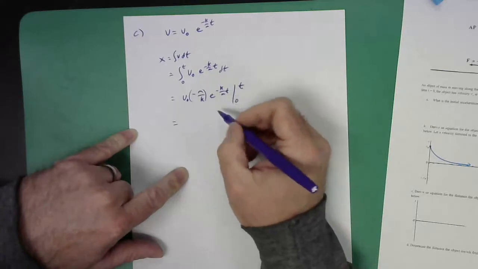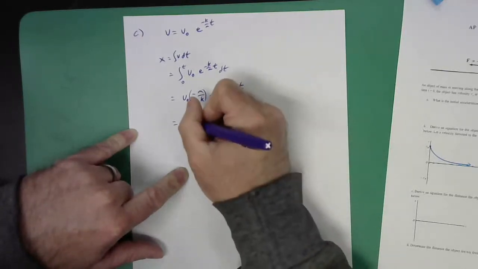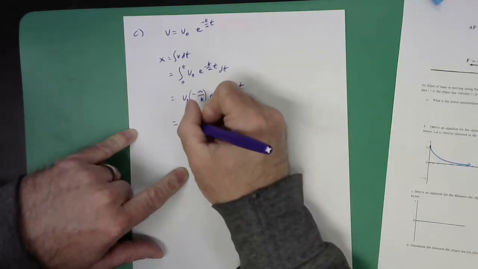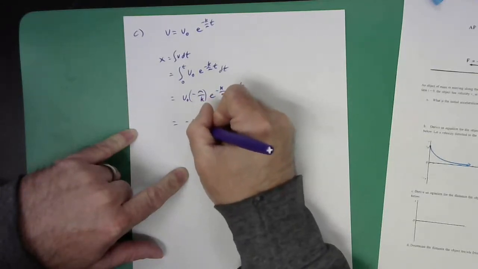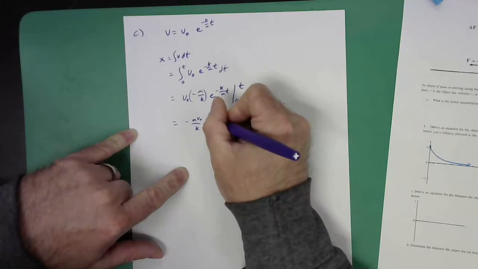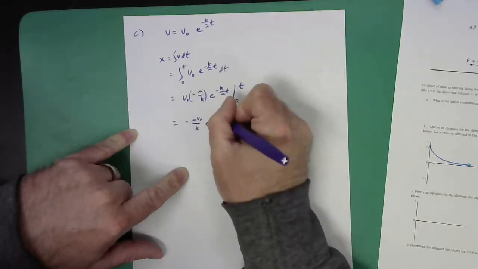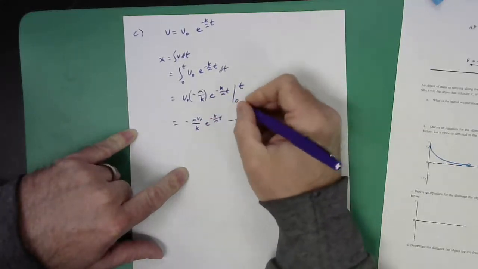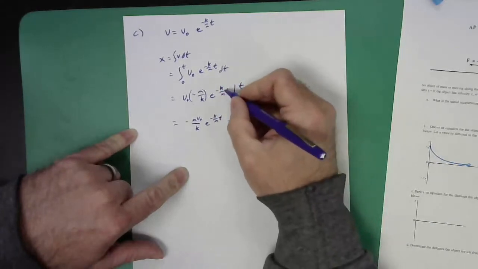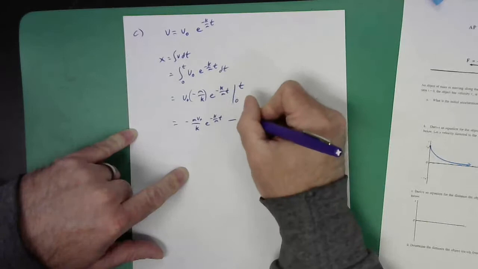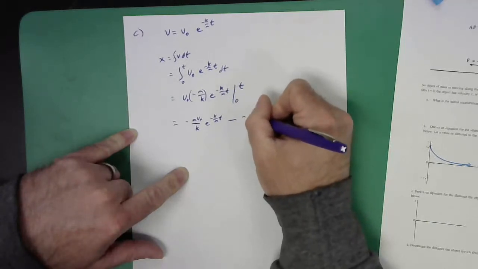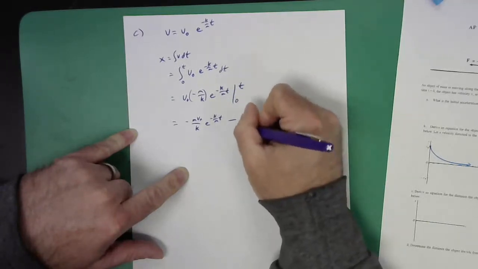When I put in final minus initial, putting in the t for t, I'm going to put that v naught in there, e to the negative k over m t, and then minus what I get when I put the 0 in. If I put the 0 in, e to the 0 power is just 1, so it'll just be a minus m v naught over k.